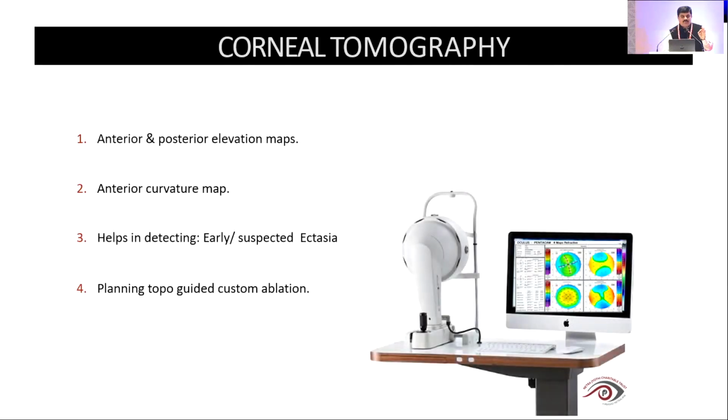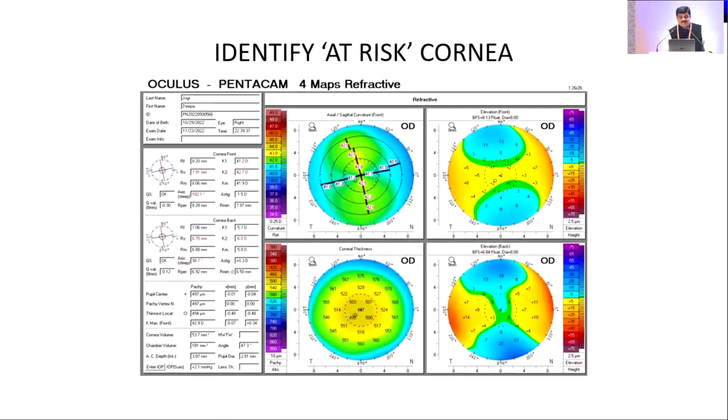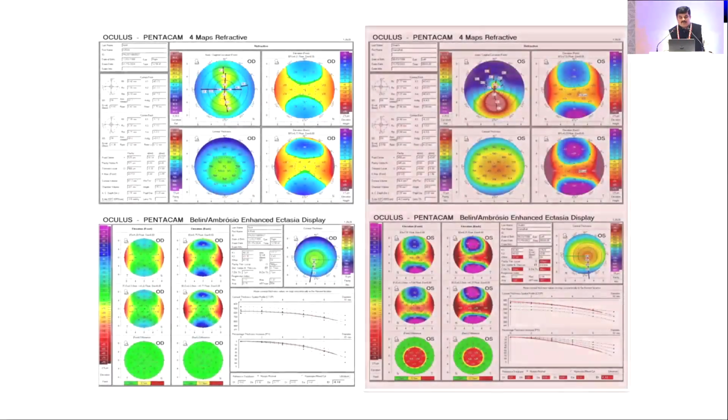Then corneal topography is the most important workup to know about the anterior and posterior elevation maps and the anterior curvature map. That helps especially in detecting early and suspected ectasia, and also in planning topo-guided customized treatment. This is about the at-risk corneas that you can see.